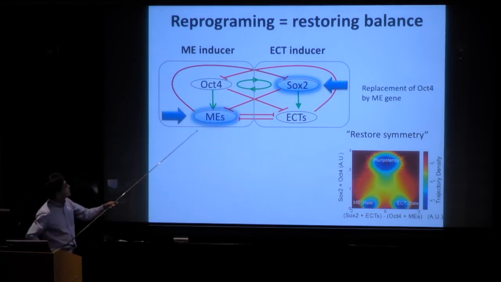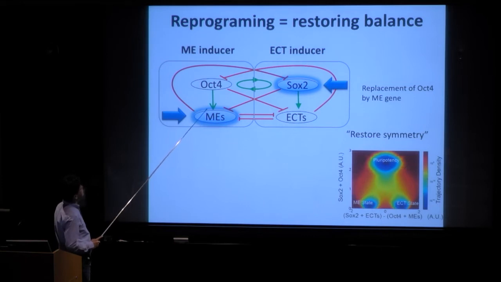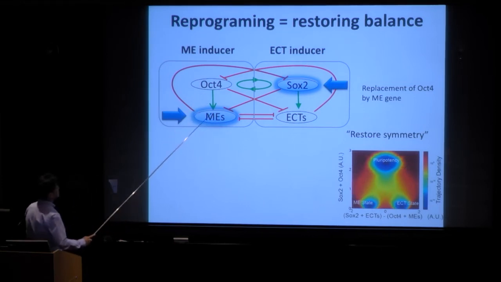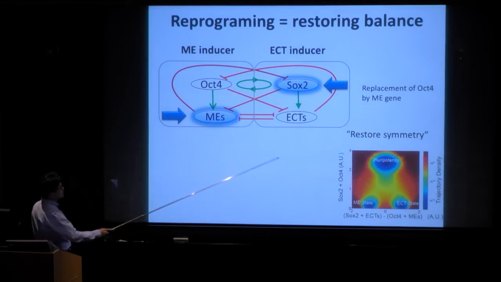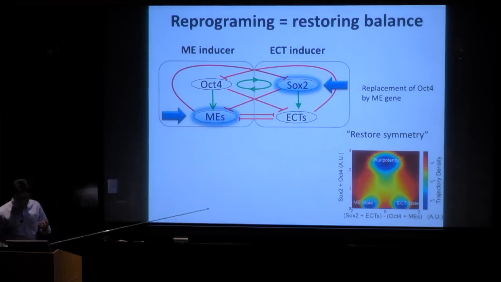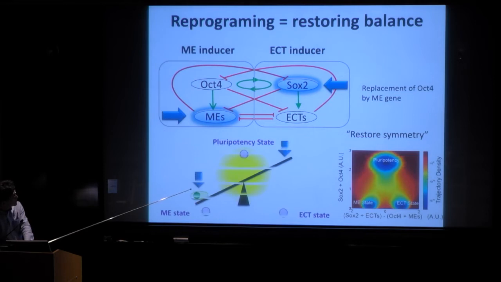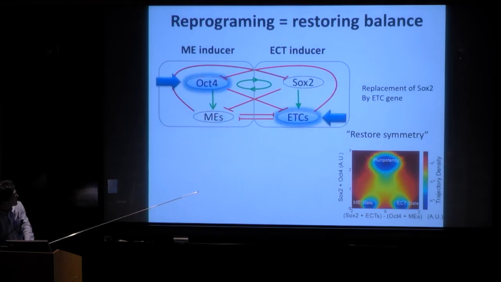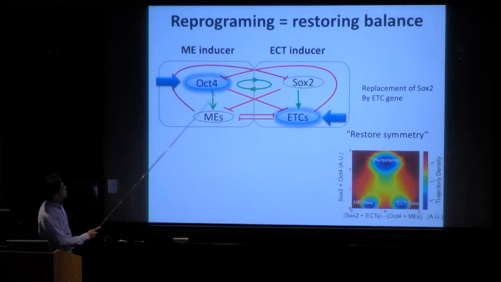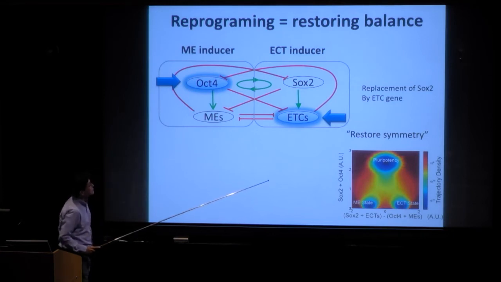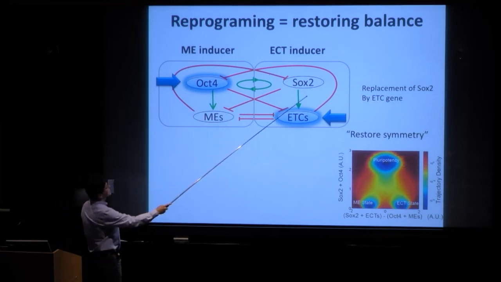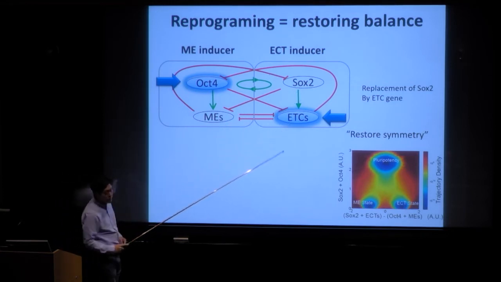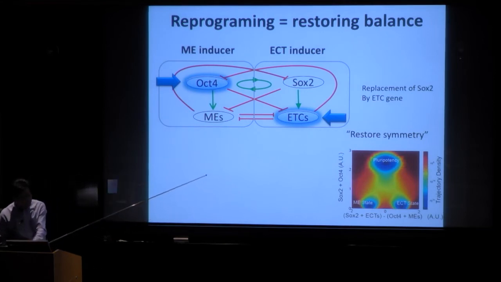So my colleague discovered you can replace this one by a gene in the differentiated cell, and also go to the stem cell state. But that's also restoring the balance. Okay, and he also found that you can do it this way. Just by replacing this stem cell gene with a differentiated cell gene, you can also get to the stem cell state.